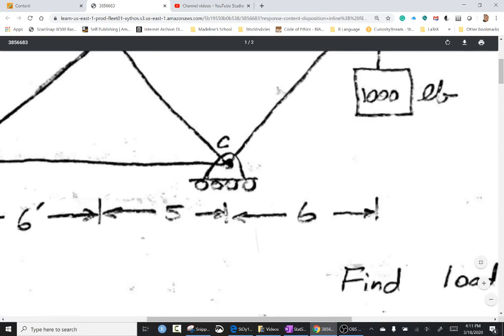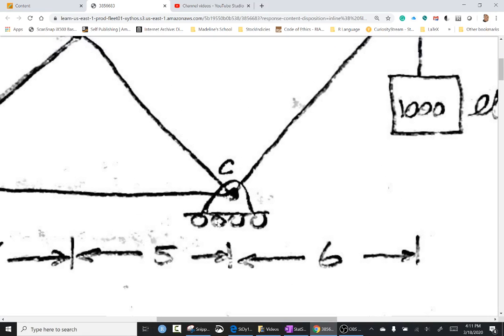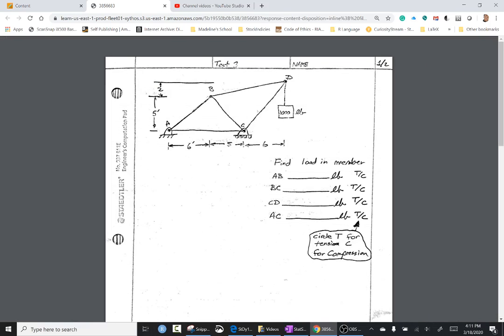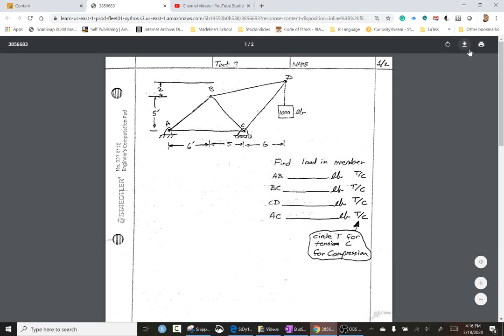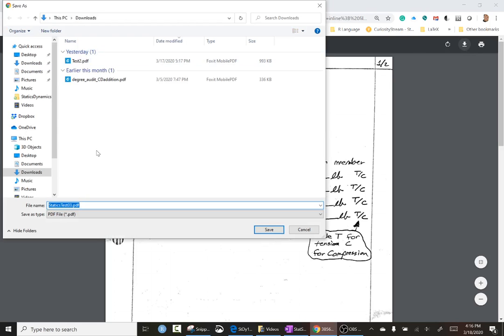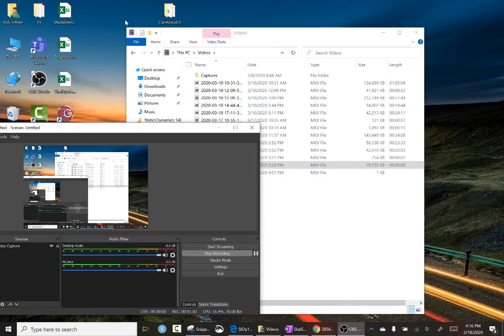I did forget to put a horizontal line across here, but let me. So what I'm going to do, try to save this. I'll just save it. I'm sorry for taking this extra few minutes.